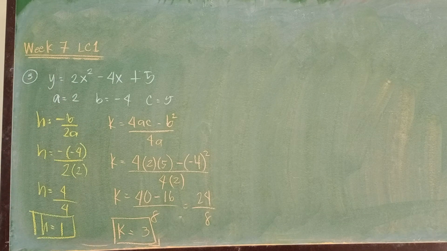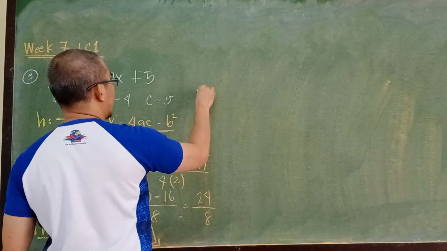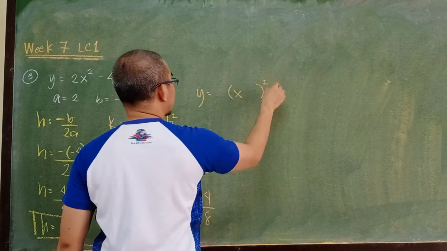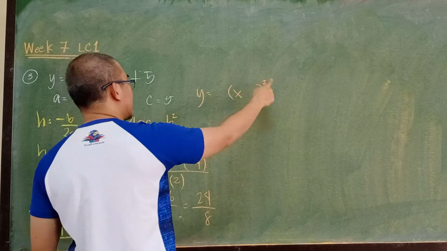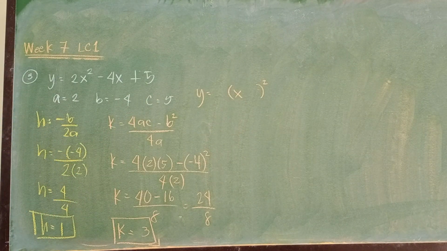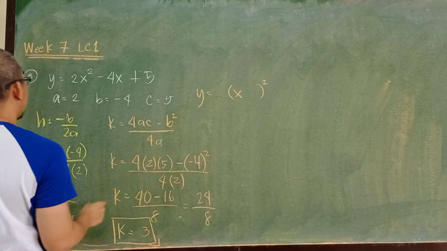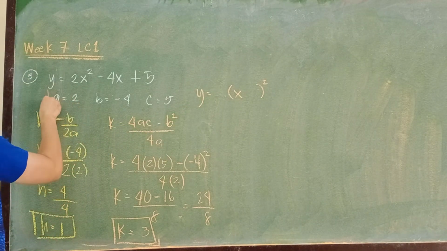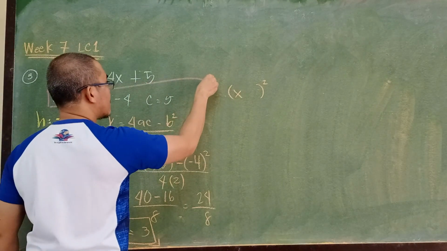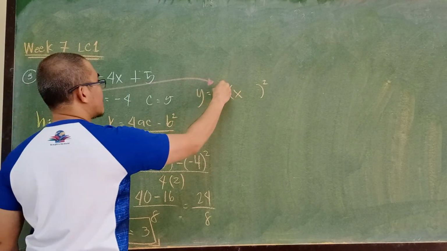So next, i-construct natin yung vertex form. So sa vertex form, kailangan nyo ng value ng A, yung H at saka yung K. So yung A natin is makikita natin dito, siya yung value dito, which is 2.